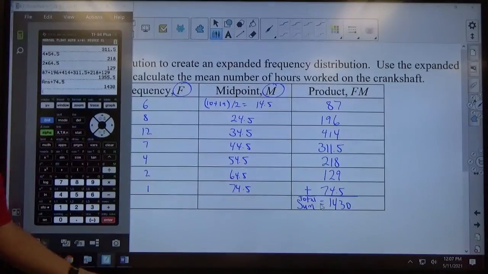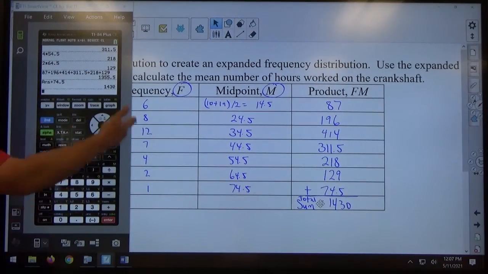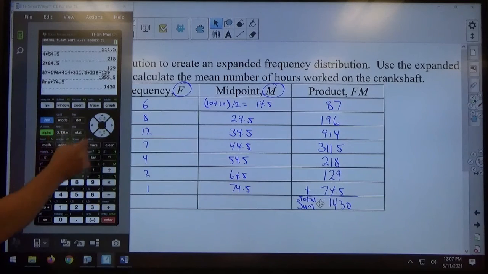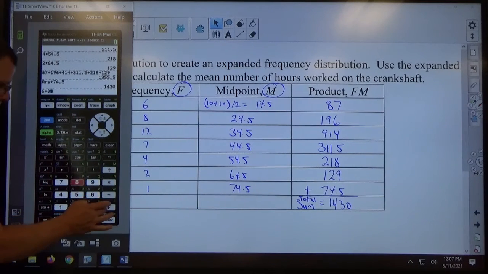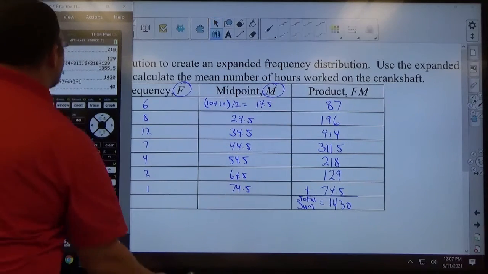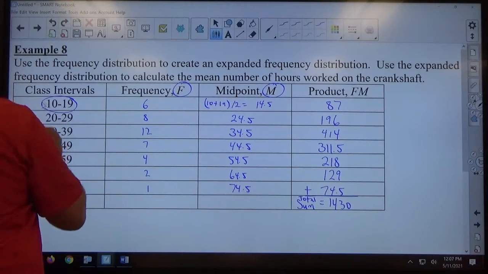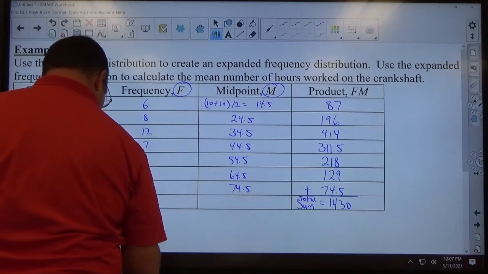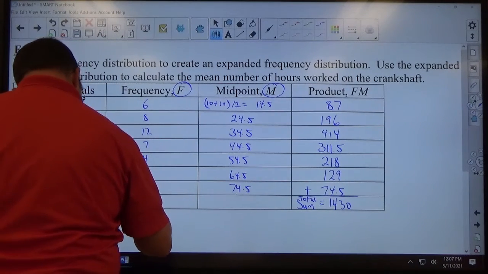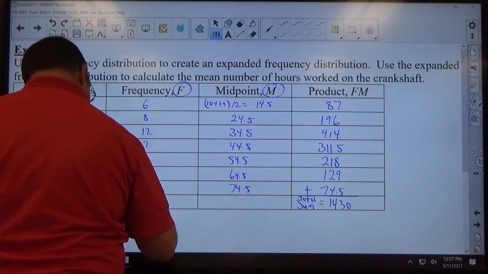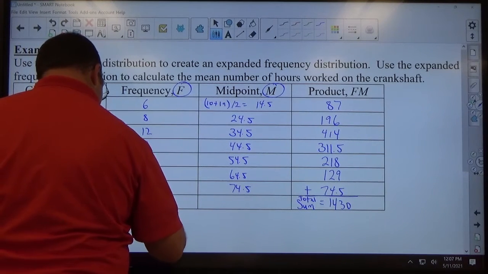Again, we've already established the number of numbers is 40, but you want to add these up to see how many numbers there are. So if you didn't already know, you could do 6 plus 8 plus 12 plus 7 plus 4 plus 2 plus 1 equals, and it's 40 numbers. So the total number is up here, 40.